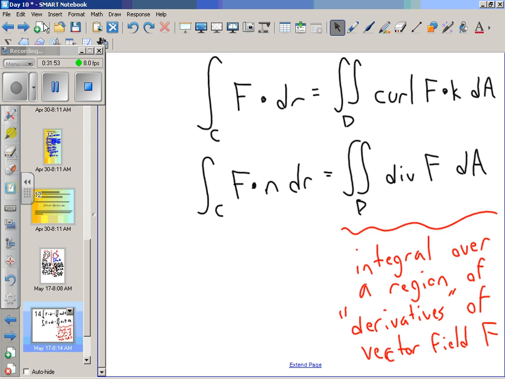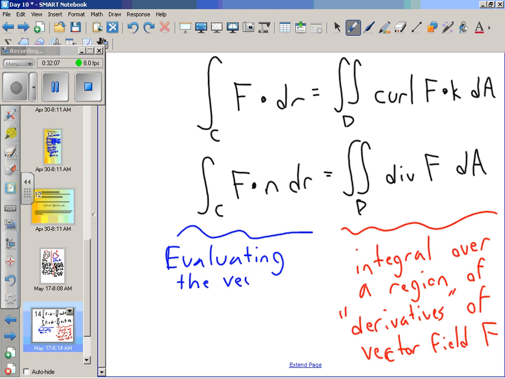And then on both of them, over on the left-hand side, we're just evaluating the vector field itself along the boundary of the region.